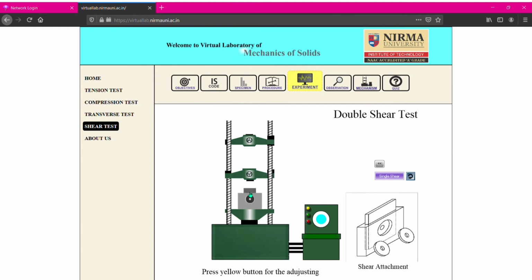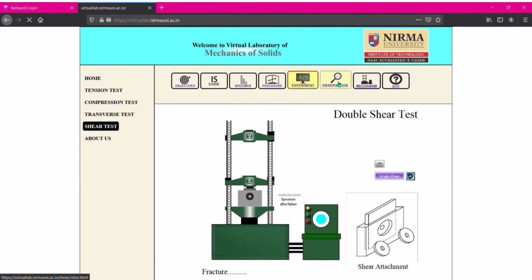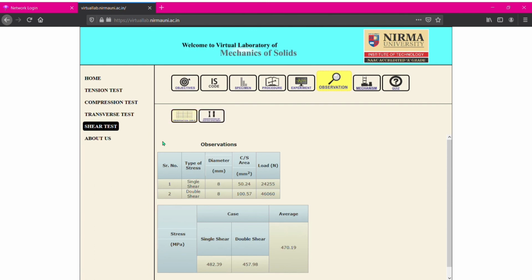So let's place it there. Let's adjust the middle head for the specimen height, and we will apply the load. See the failure pattern. It is actually breaking in three parts. Two cuts, three parts. Why? Because it was double shear, two rings, remember?